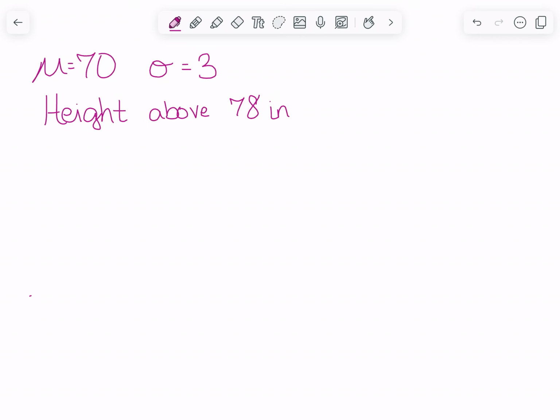Continuing with this, let's suppose we want to know the probability that an adult male is taller than 78 inches. So we want the height to be above 78. When we draw our picture, we'll draw an approximation of the normal curve and put 70 at the center just like before. We're going to estimate the location of 78, and this time we want numbers above 78, so we're going to shade to the right.